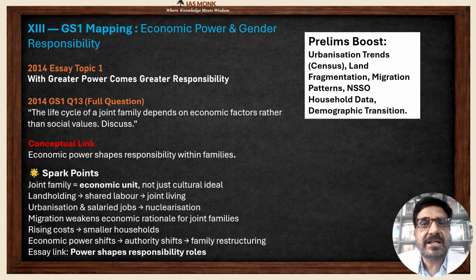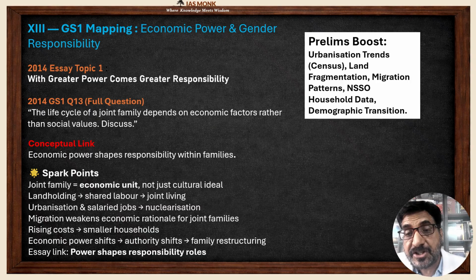While social values emphasize unity, duty, and shared responsibility, the actual formation, expansion, fragmentation, or dissolution of joint families depends on income levels, occupation patterns, land holding size, and migration.